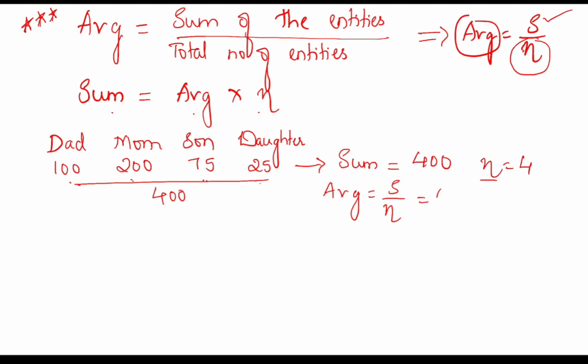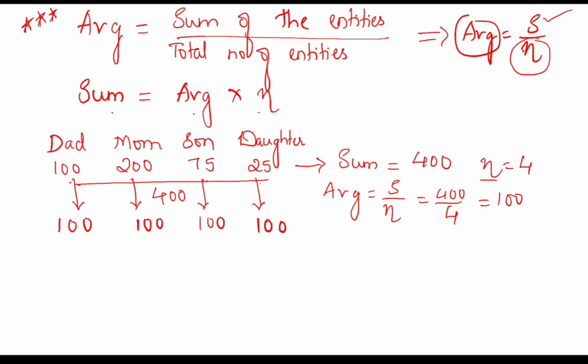So it is 400 divided by 4, which is 100. If I have to divide this 400 among the 4 members of this family equally, I will give dad 100 rupees, mom 100, son 100 and daughter 100. So now each will get 100 rupees per head.